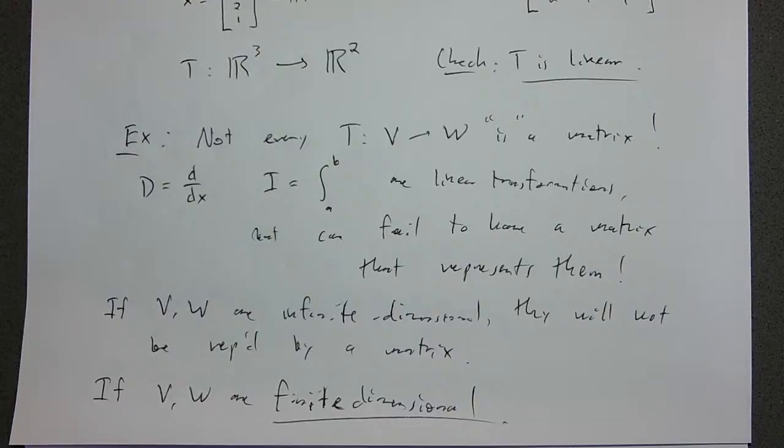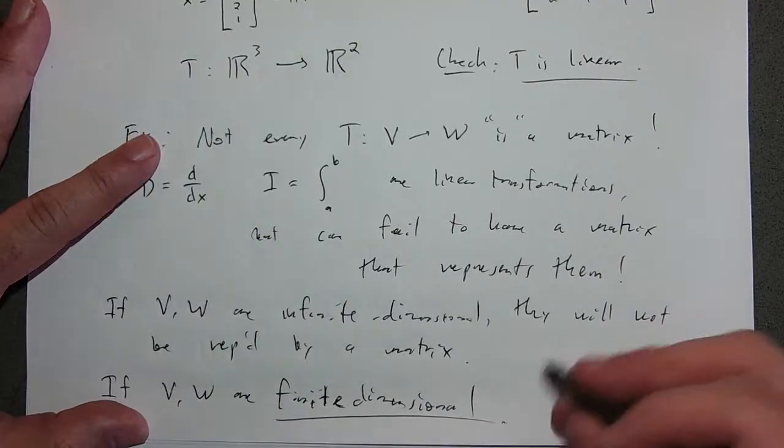That's how we thought about isomorphism. Saying that two vector spaces were isomorphic was saying that the only difference between them is a labeling difference. So maybe you called the vectors F, G, and H over here, and you called them V, W, and U over there.